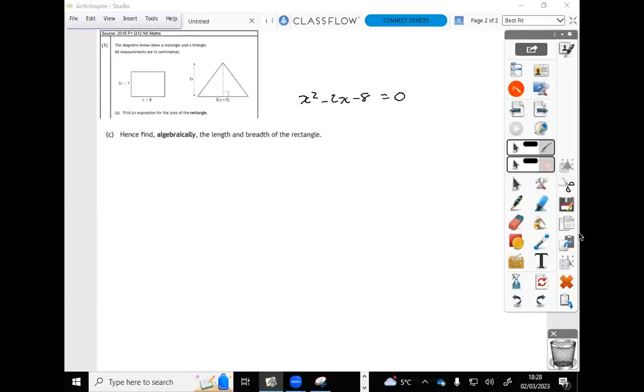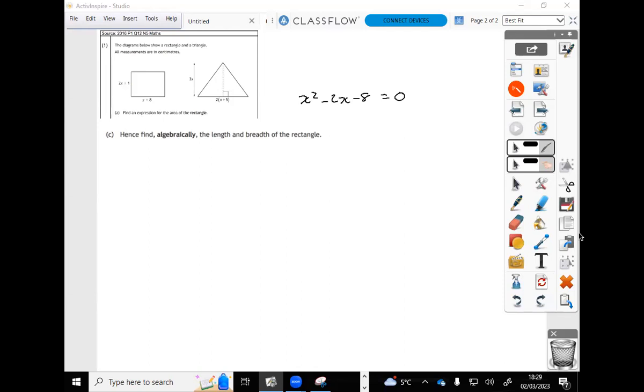Okay, so next part of the question says hence. So when it says hence in the exam paper, it's saying use your answer from the previous bit of the question. Okay, and find the length and breadth of the rectangle. So using the expression that we just found, x squared minus 2x minus 8 equals 0, find the length and breadth of the rectangle.